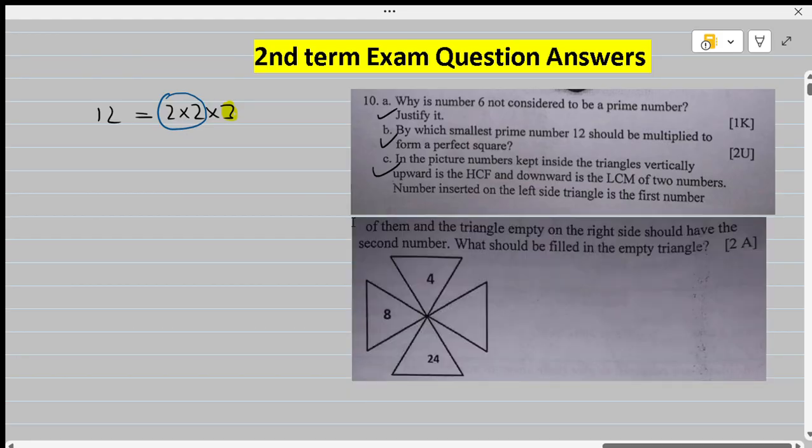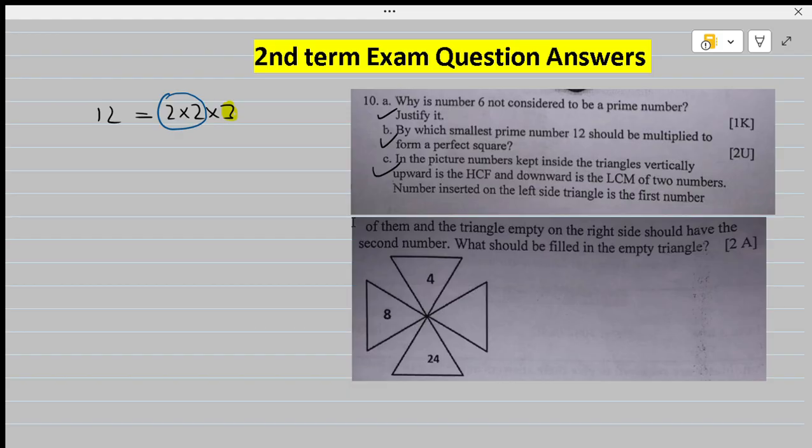Let's read it once again: in the picture, numbers kept inside the triangles, vertically upward is the HCF, and the downward is the LCM of the two numbers.